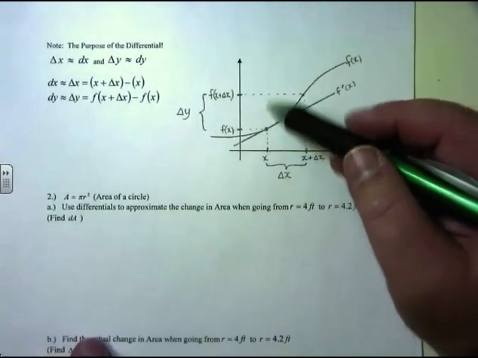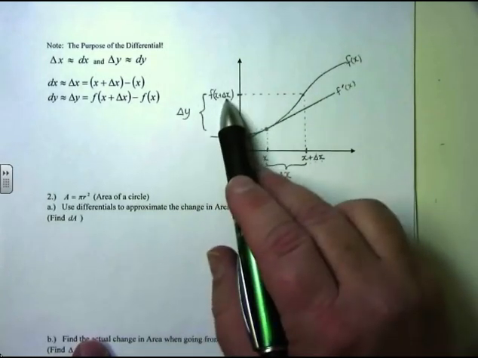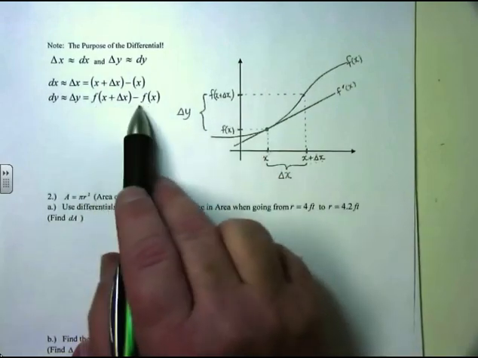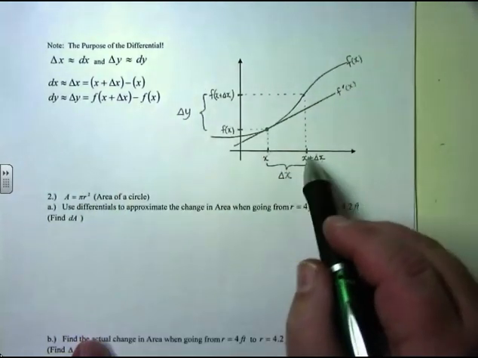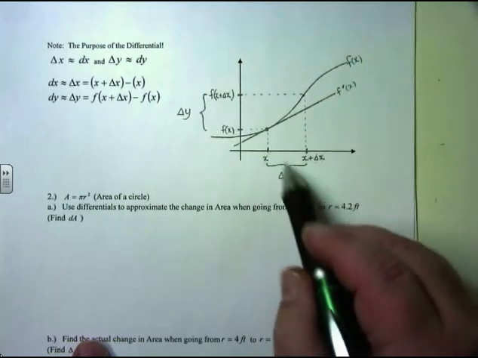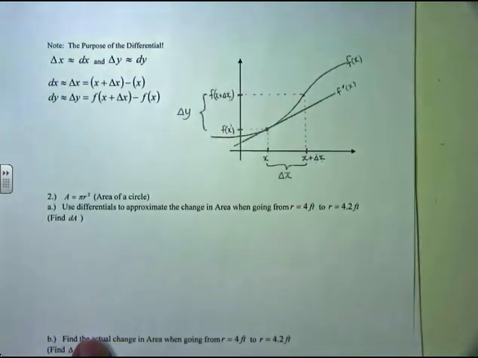Our notation is, if we wanted the delta y, or change in y, that's f of x plus delta x minus f of x. It's the difference between the two. And delta x is the change in the x's: x plus delta x minus x gives you delta x. So delta x is the change in x's, delta y is the change in y's.